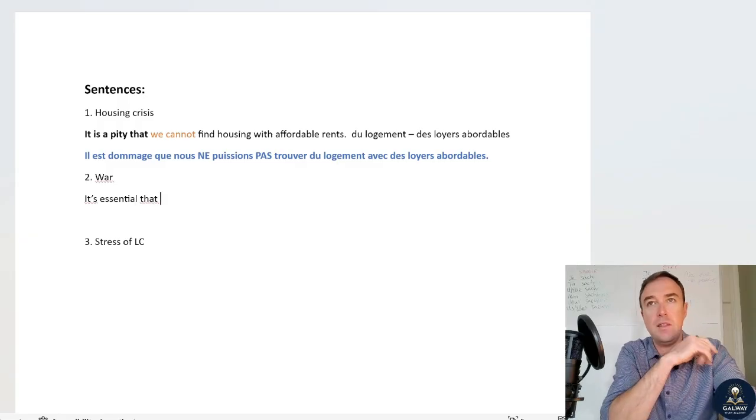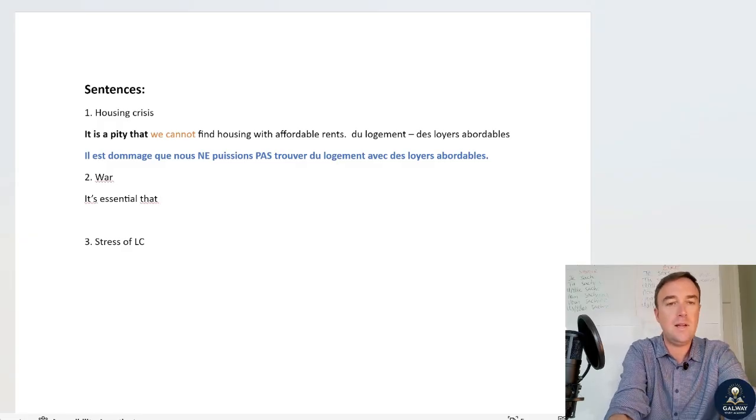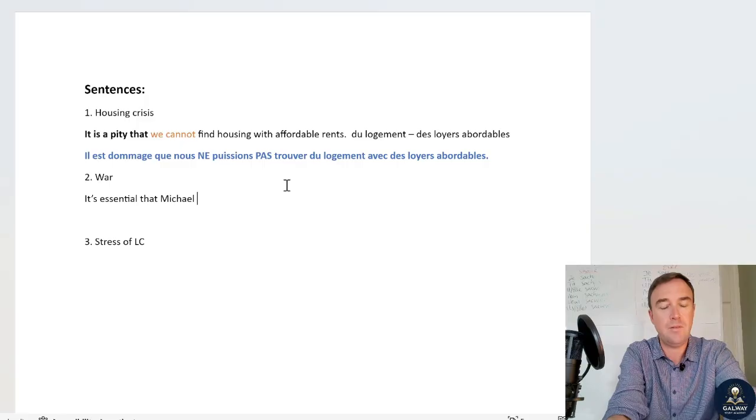Now, I don't want to say the government because every student says le gouvernement. So let's try Micheál Martin, or whoever is the Taoiseach. I think Micheál Martin is the Taoiseach. It's essential that Micheál Martin. Now, I want to use the verb faire here, so to do. So I'll say does more to resolve the war between Israel and Palestine.